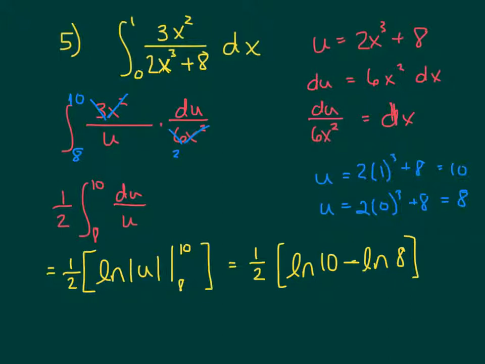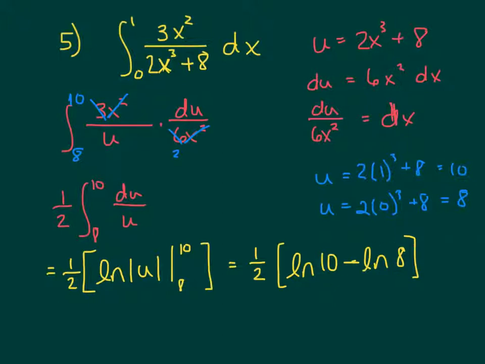All right, now the AP is really sneaky with these answers, and they want you to know your log rules. First and foremost, this does not equal natural log of 2. You cannot actually just subtract the 10 and the 8. It does not work that way. Hopefully, if you think about when I said log rules, maybe something popped into your brain. That when you are subtracting 2 logs, that's the same as dividing the 10 and the 8.